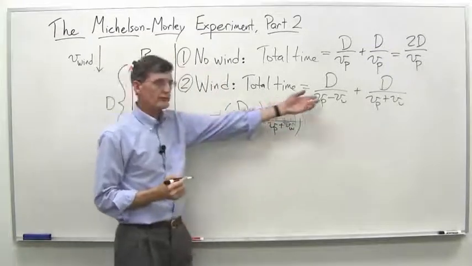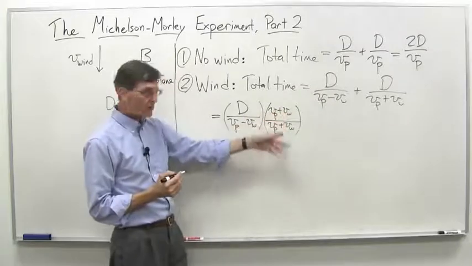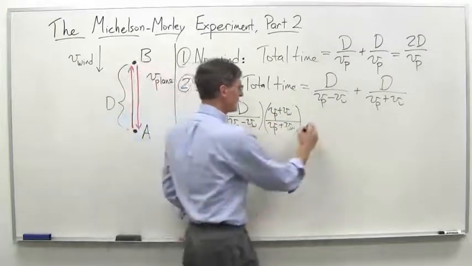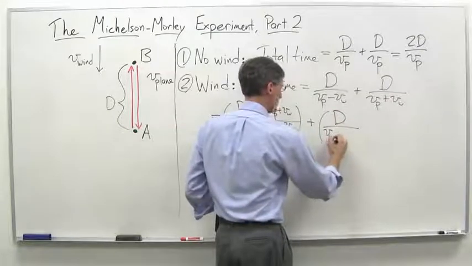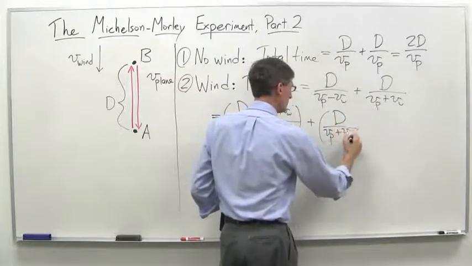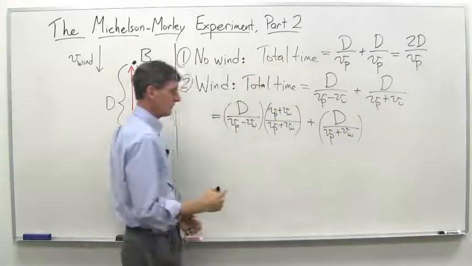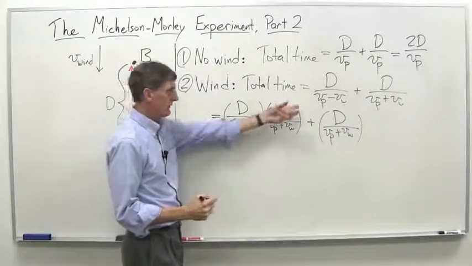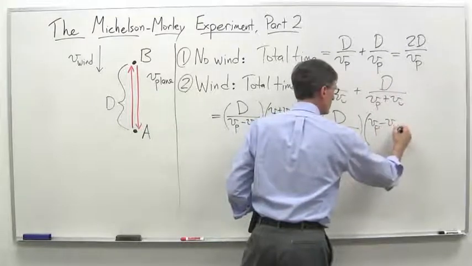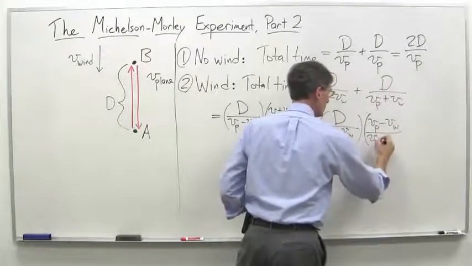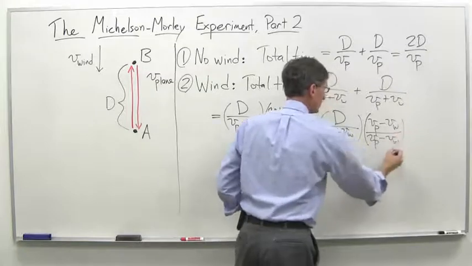Okay, so I'm just taking this first term here, multiplying it by 1, but in a special form here, and do the same thing for the second term, plus d over vp plus vw, because that's this term here, and now multiply it by 1 in the form of the other denominator, vp minus vw all over vp minus vw.